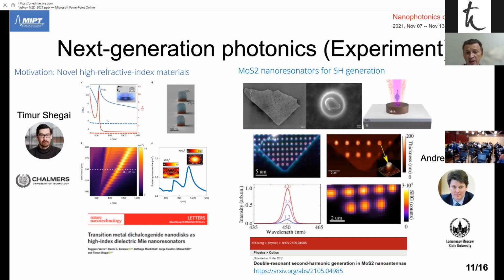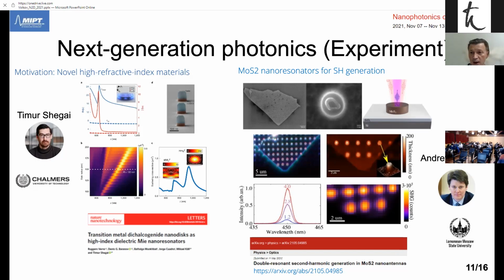They were probably among the first to demonstrate that one can use a standard lithographic approach to nanostructure TMDC flakes to produce small nanodiscs, which can be used as high-index dielectric Mie nanoresonators. And we are also working in this direction.